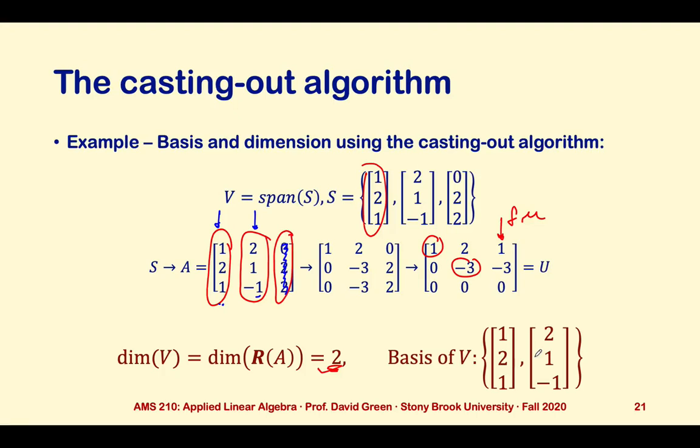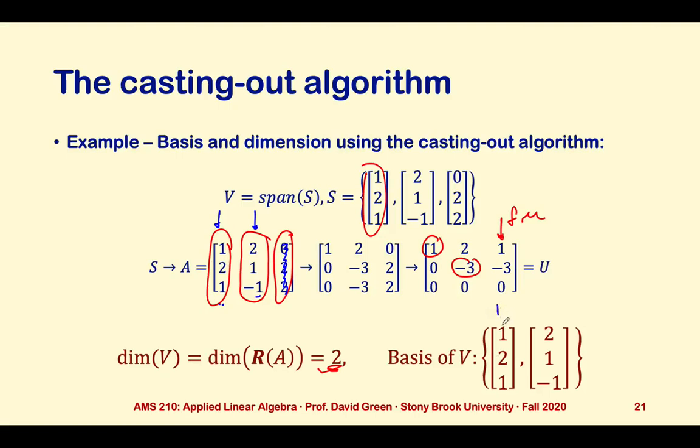Now, one of the nice things about this casting out algorithm, and in some applications this is a very helpful feature, is that the basis we get from the casting out algorithm, because we have to move back to the original matrix, the basis is a subset of what we started with.